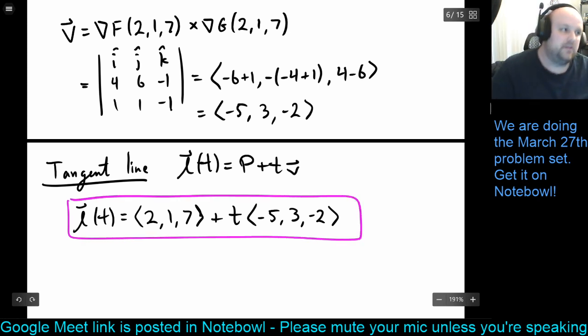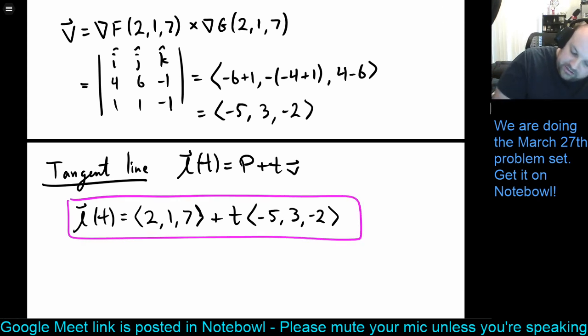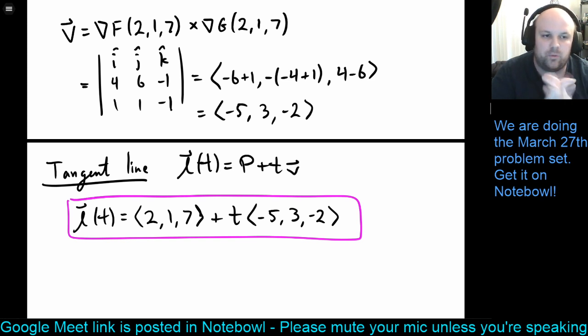That's it. So the key point of this problem is understanding what the gradient is doing, right? It's being perpendicular to the surface, and if there's anything you can take away from gradients, it's that. They're perpendicular to level sets, to level surfaces, level curves.